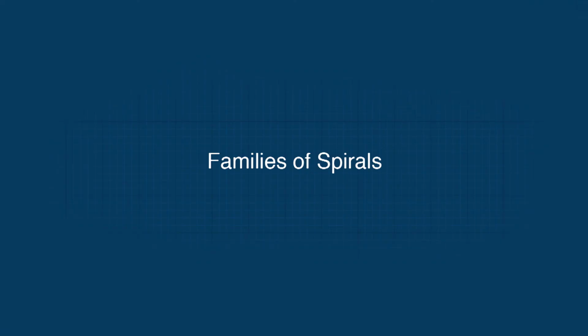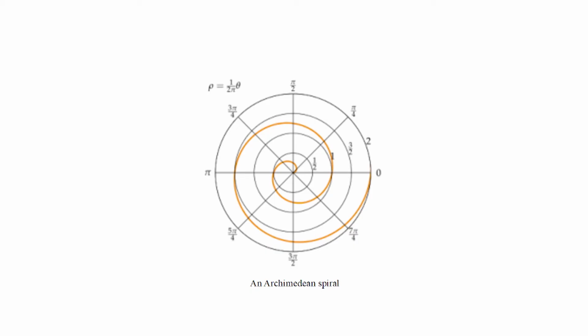We now consider families of spirals. A spiral is a curve that coils around a central point. Spirals generally have left-hand and right-hand versions that coil in opposite directions, depending on the restrictions on the polar angle and the signs of constants that appear in their equations.